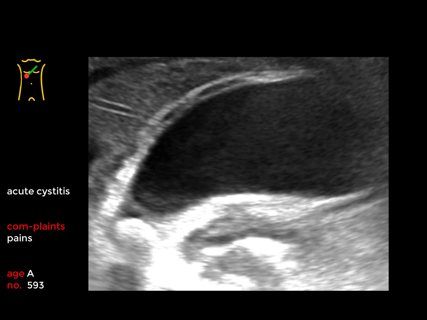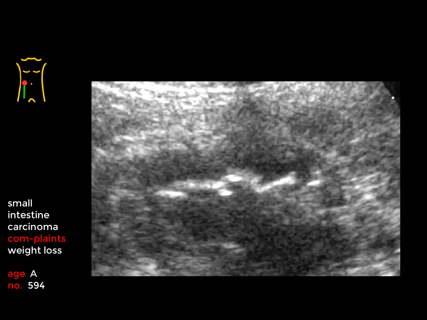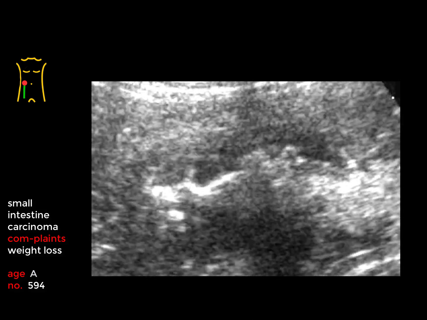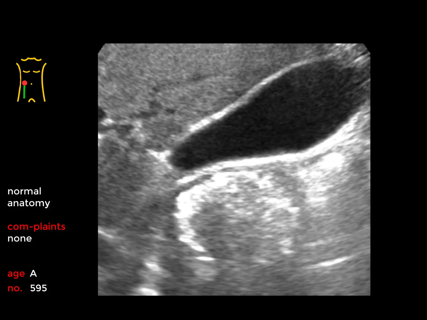Note please the vicinity of gallbladder and bowel. In 594, rare but possible, a carcinoma of the small gut leading to weight loss and constipation.